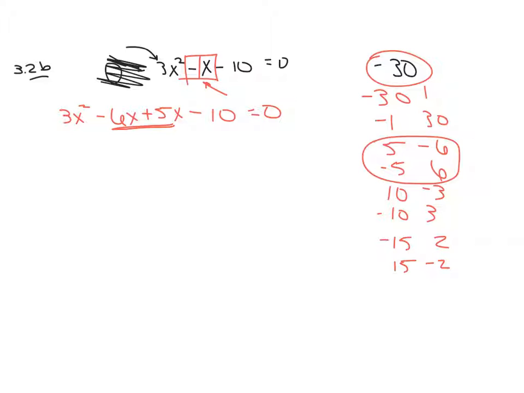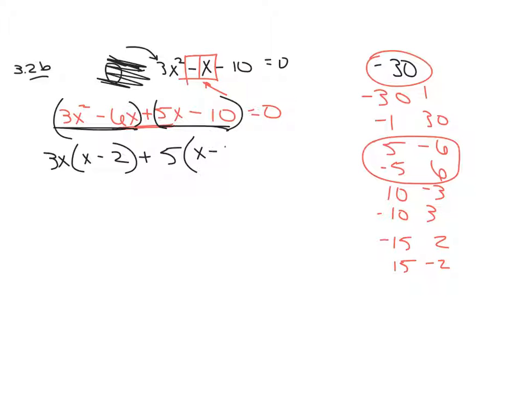Okay, so now we're going to group the first two and the second two. We're going to factor out a 3x from there, and we're going to be left with x minus 2. We're going to factor out a 5 there, and we're going to be left with an x minus 2. Remember when you do this, if these two are not the same, you did something wrong.